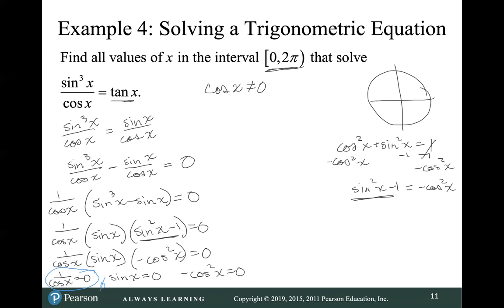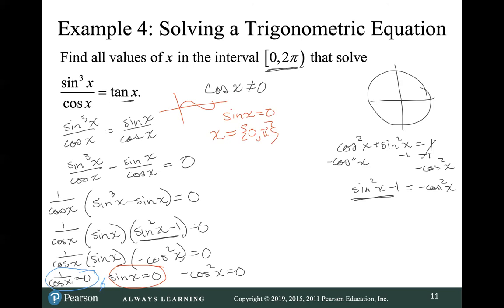Okay. When can sine of x equal 0? Well, we know sine of x can equal 0 when, let's look at our graph of sine, between 0 and 2 pi, x will be 0, pi, and 2 pi, but we're not including 2 pi because it's got a parenthesis.